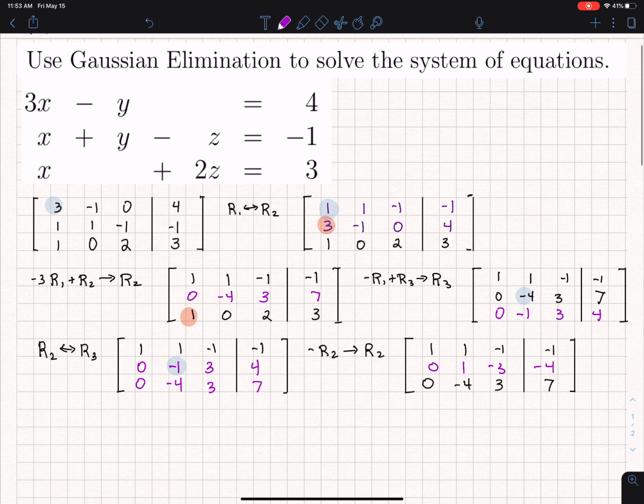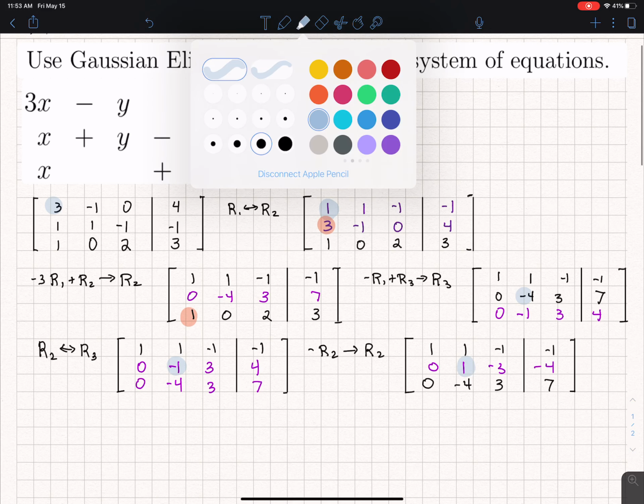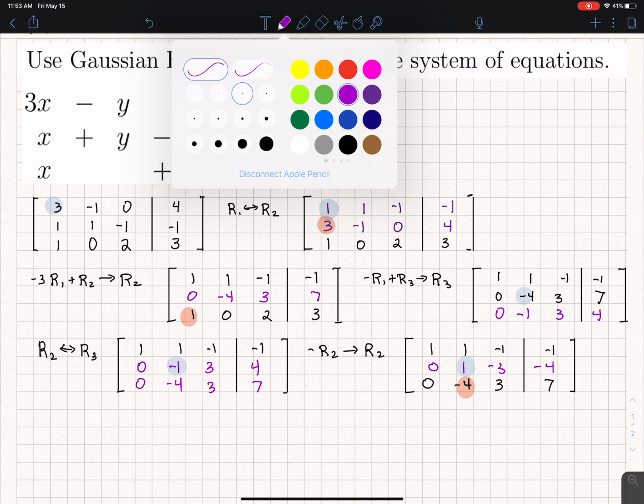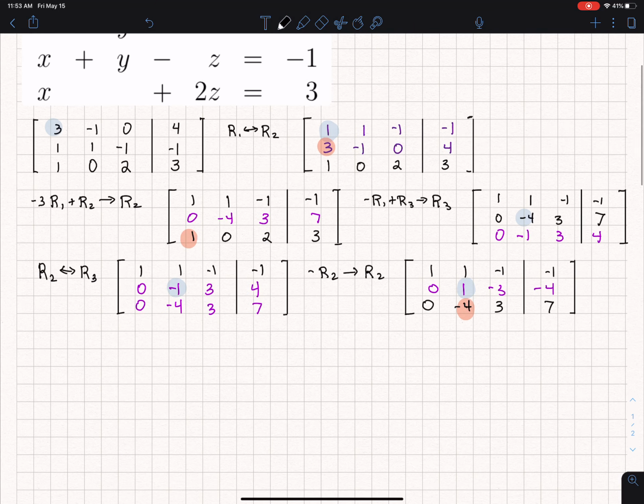All right, now see, I have that as 1, that looks good, but I want below that to be a 0. So what I'm going to do is multiply row 2 by 4 and add it to row 3 and put that in the row 3 position.